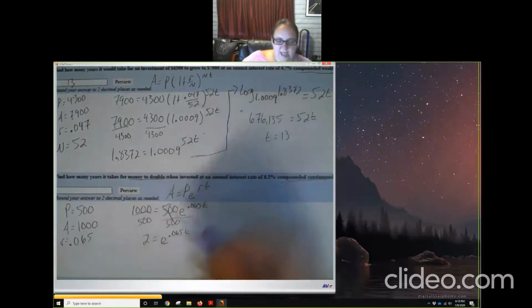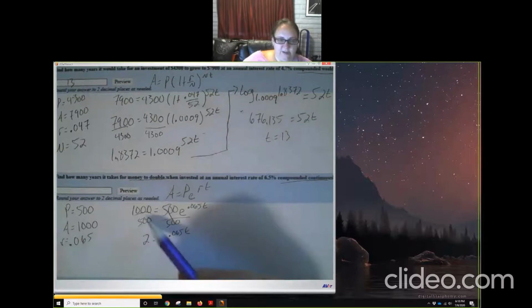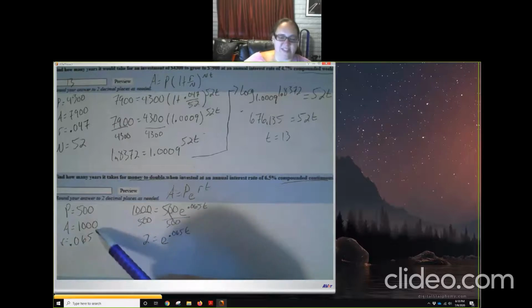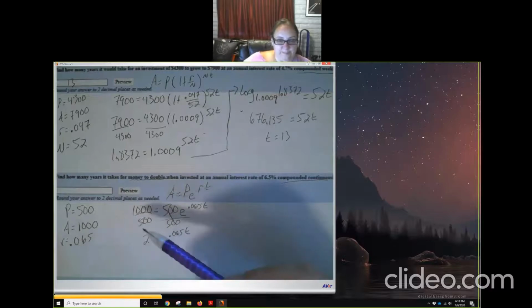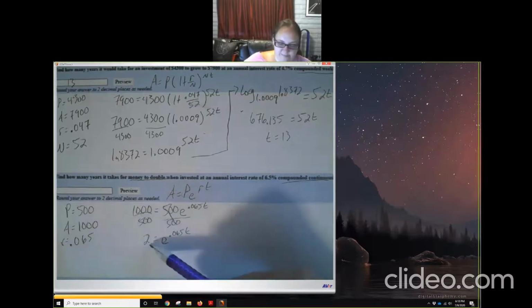Now, since this was doubled, this is always going to be 2. That's why I'm allowed to pretty much guess, because this value is always half, this value is always double that value. But if you're not comfortable with that, then you can just pick values.